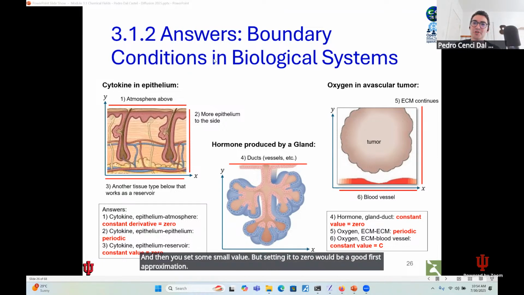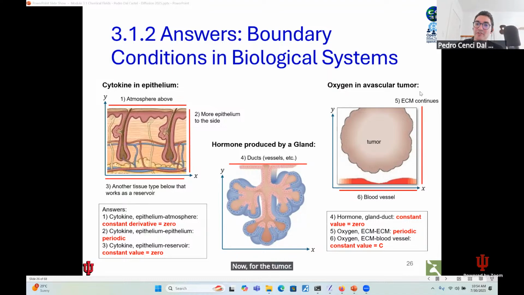Now for the tumor, option 5 here, sorry, question 5, you have ECM, and there is just more ECM going on. So maybe you should set to periodic. However, if you set that to periodic, it's as if you have another tumor here on the right, another tumor here on the left.